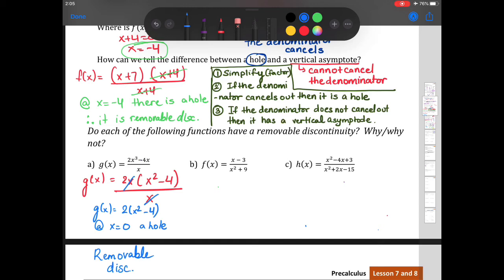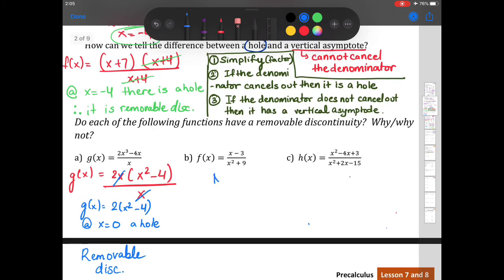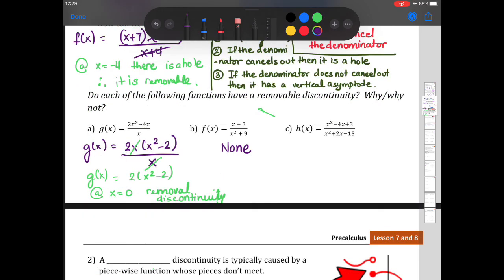Okay, part B. Look at the numerator and the denominator. You can't really simplify it over real numbers, so there is no removable discontinuity. There's no vertical asymptote. There's nothing. The next one, can I factor the numerator? Yes, I can.